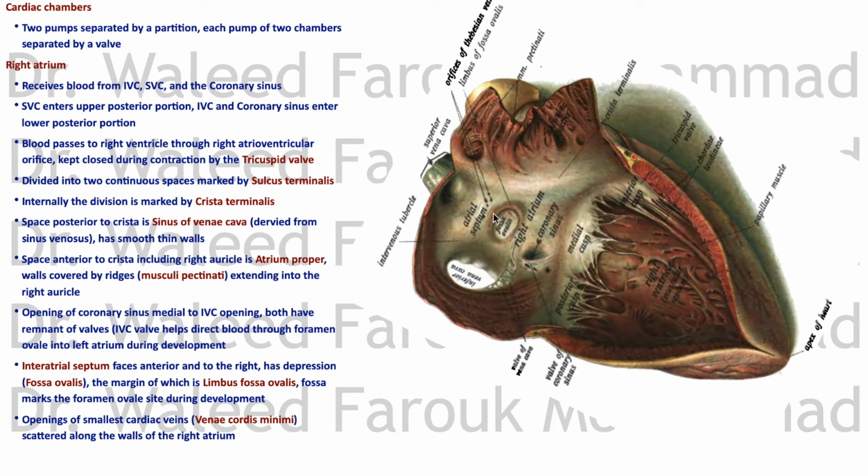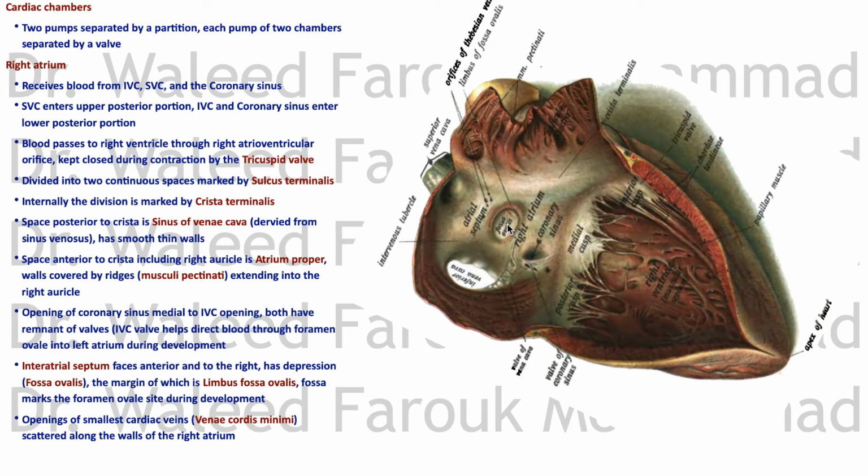And the fossa ovalis has an edge upwards that belonged before to the septum primum. This is called the limbus fossa ovalis. So the limbus fossa ovalis guards the fossa ovalis.